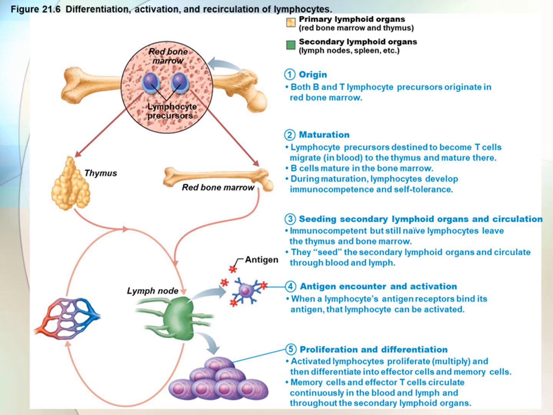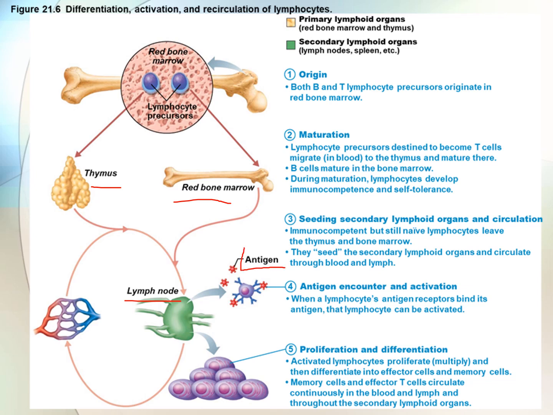So this just goes through the step-by-step activation and differentiation of these lymphocytes, okay? So again, we said that they mature in the bone marrow and the thymus, okay? So they mature, and then they're going to go out into the real world, okay?